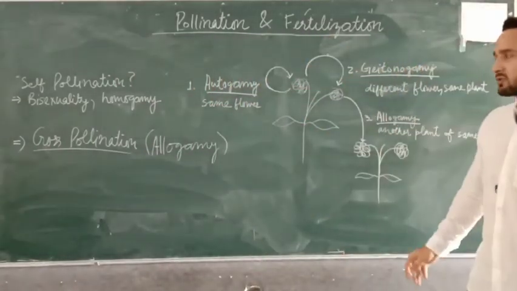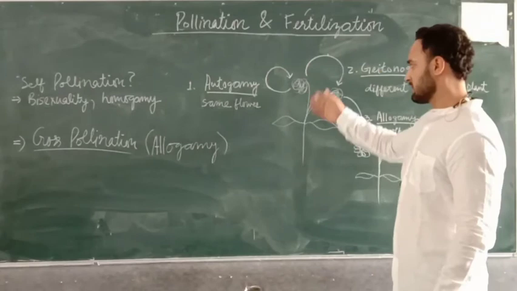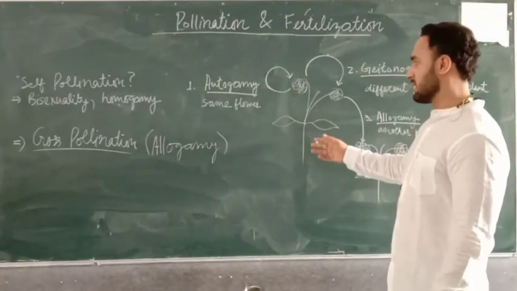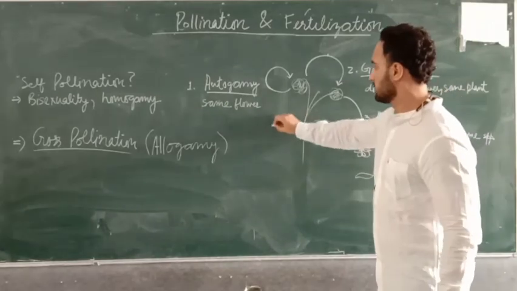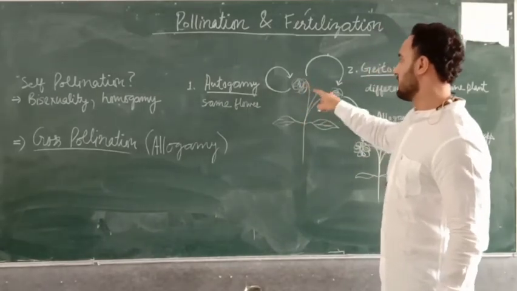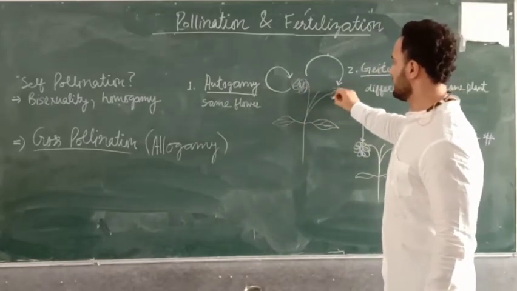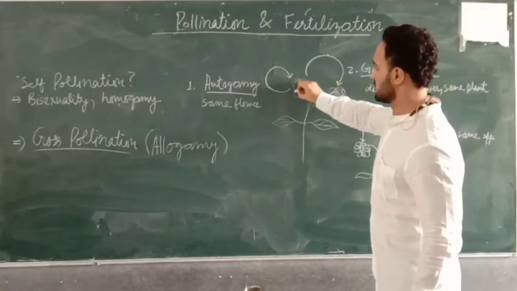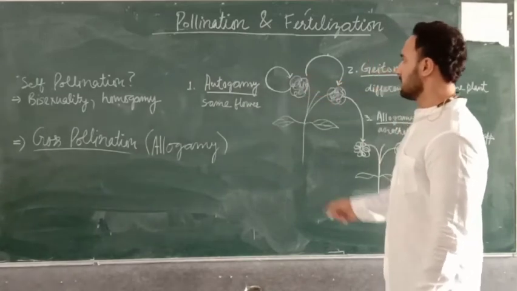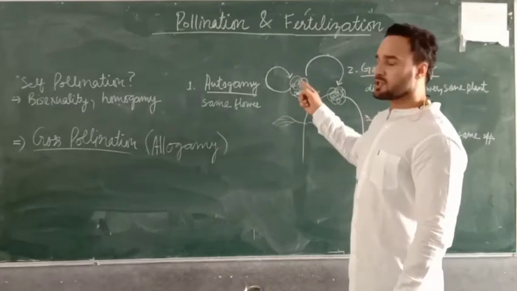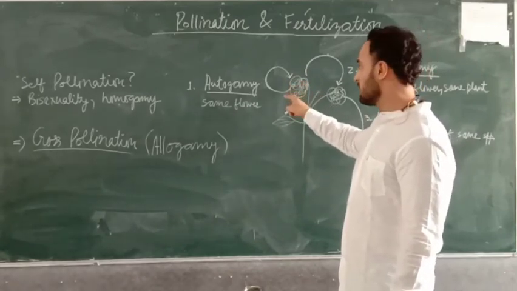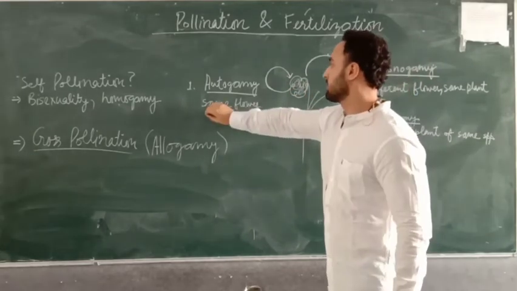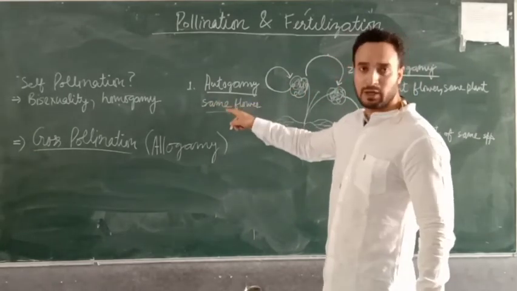What happens in autogamy? Here is a rough diagram of a plant I have drawn. These are the leaves, and these are the flowers. In autogamy, the transfer of pollen grains from the anther to the stigma occurs on the same flower. I wrote here, same flower.